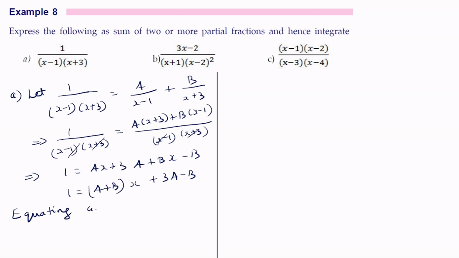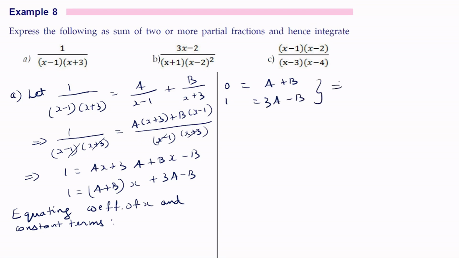On the left hand side the coefficient of x is 0, right hand side it is A + B. On the left hand side the constant term is 1, right hand side it is 3A - B. Now if we solve these two, we will get A and B. So from this we get 4A = 1, or A = 1/4 and B = -1/4.